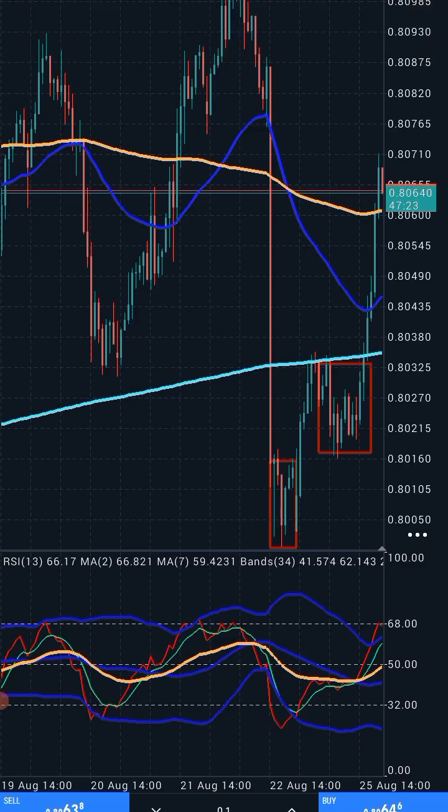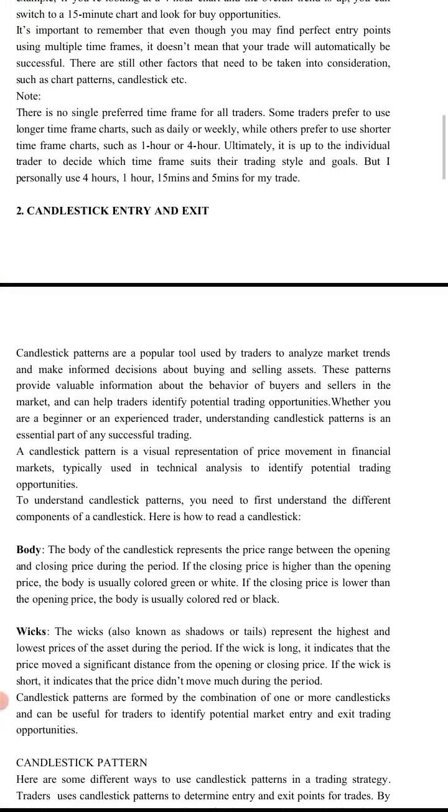Now the candlestick has different formations. We have the continuation trend, the reversal trend, and other major patterns that can be used as an entry and as an exit.